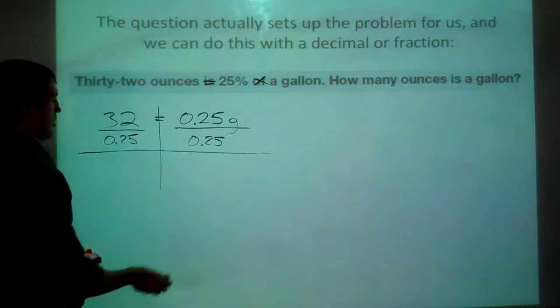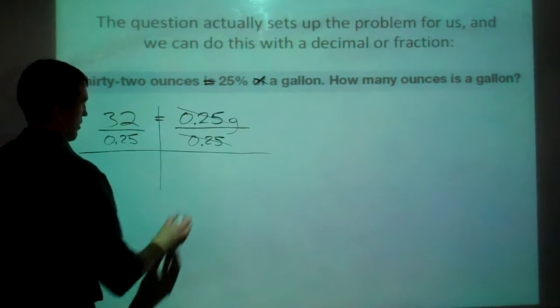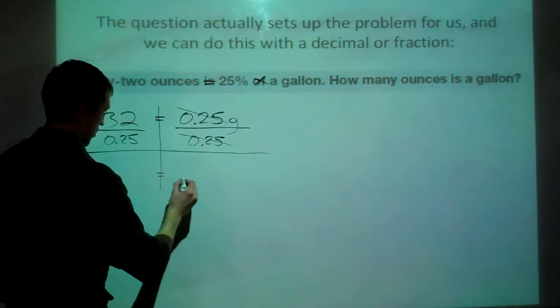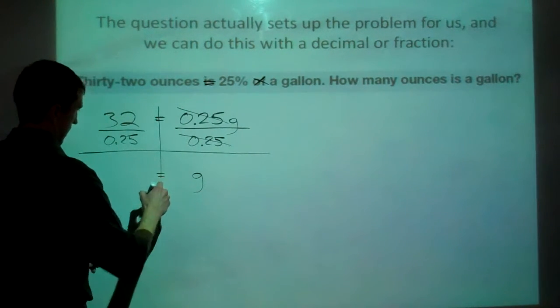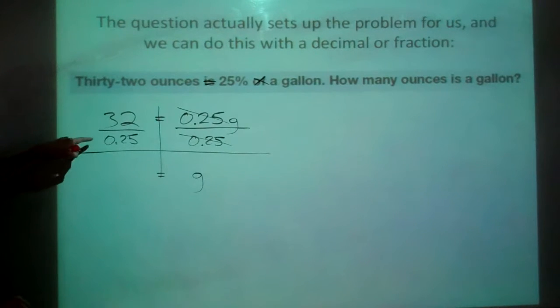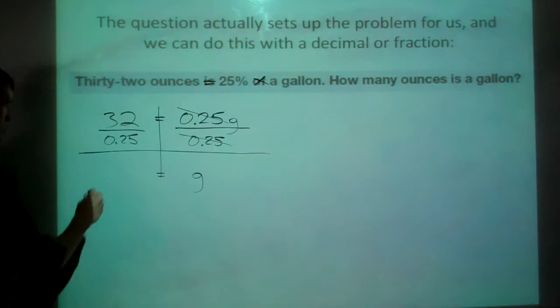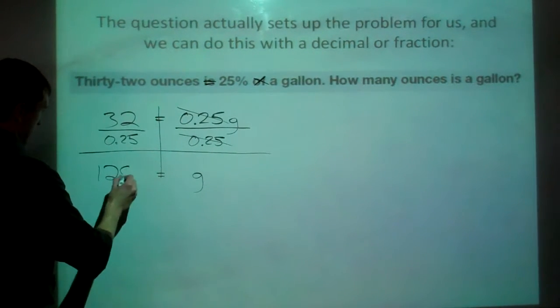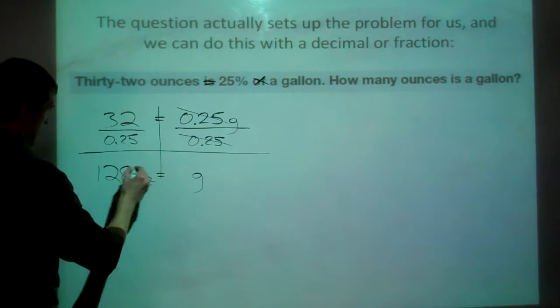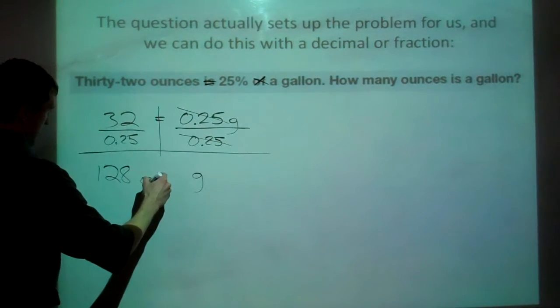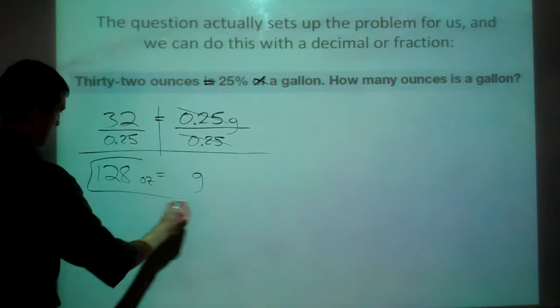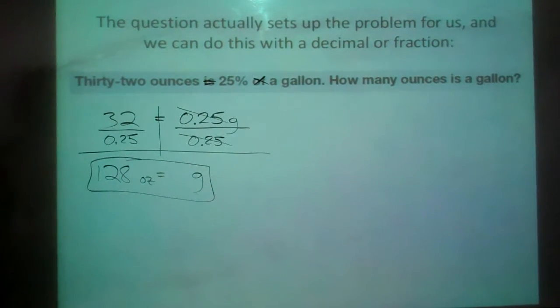And we'll see what we get. These will cancel with each other. You're left with 1G, or just G. And then if we do 32 divided by 0.25, we should get 128 ounces. So there should be 128 ounces in a gallon.